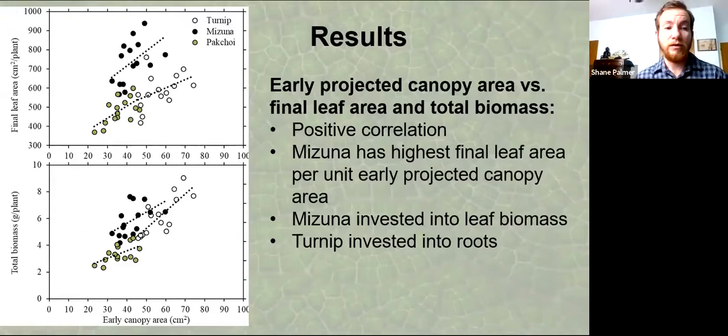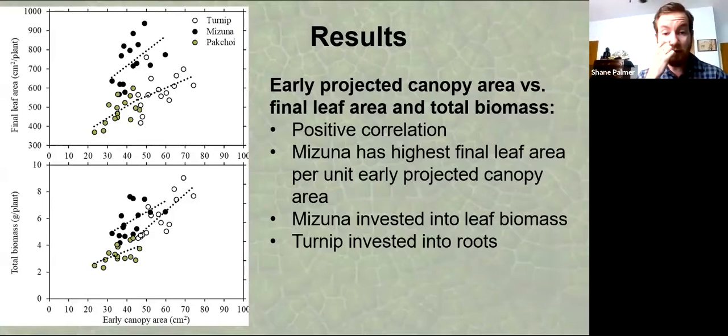So these graphs on the top show final leaf area as it relates to the early projected canopy area. I wanted to see, is there a relationship between those early measurements that we took of the canopy area? How might that affect the final leaf area later down the line?